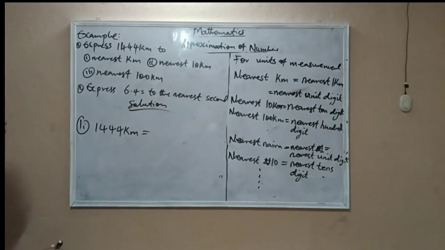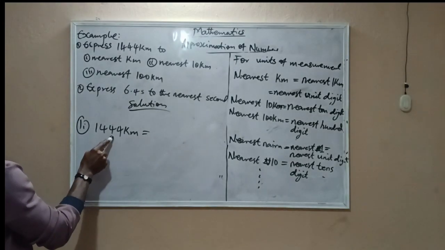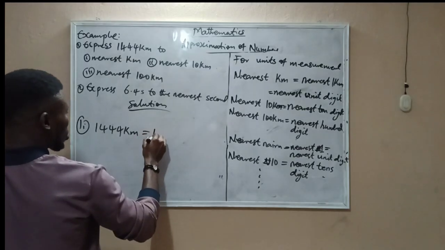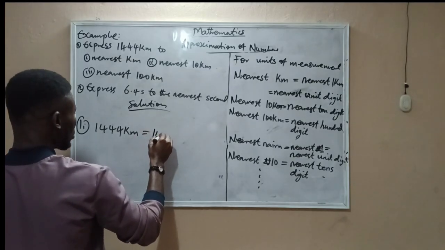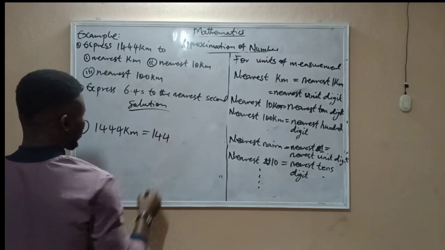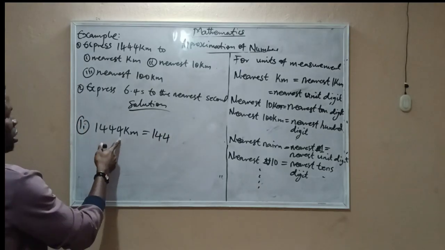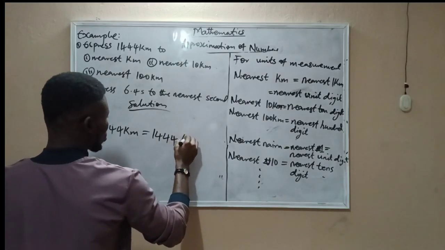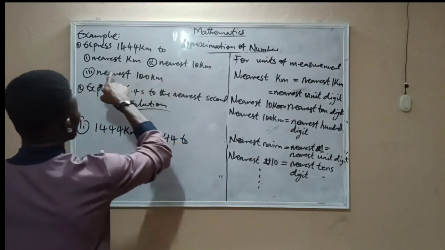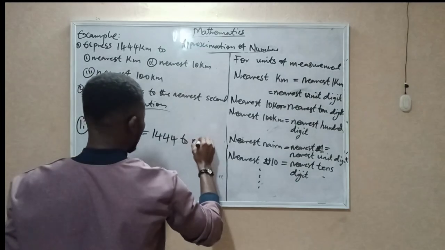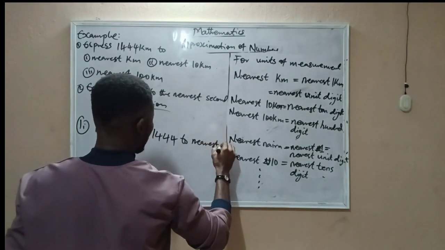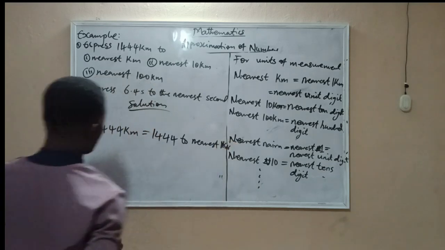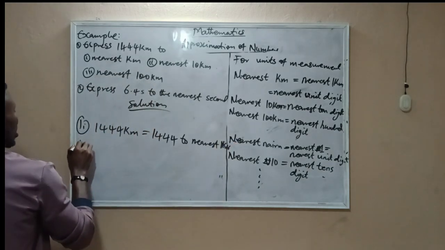Here the unit digit is 4, so this is 1444 to the nearest 1 kilometer.